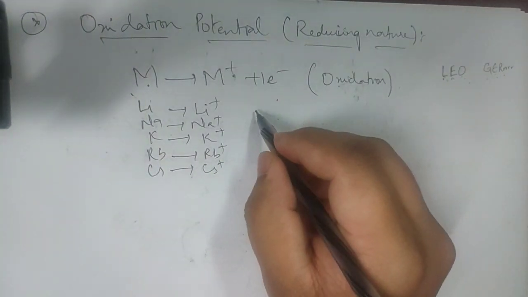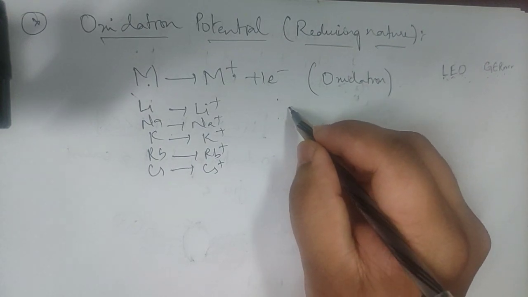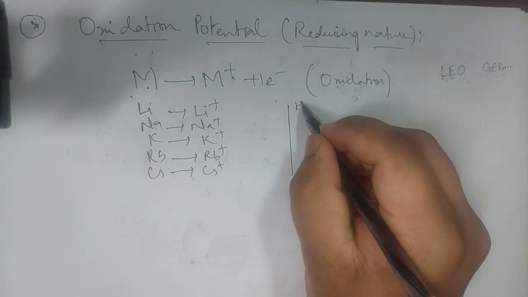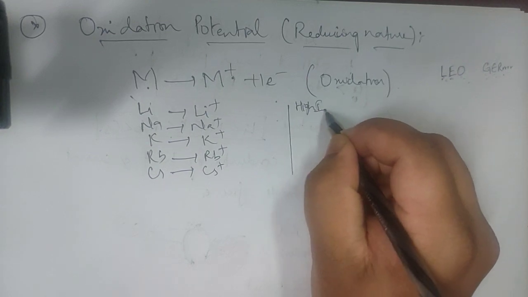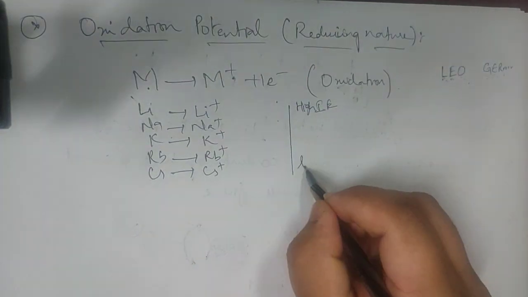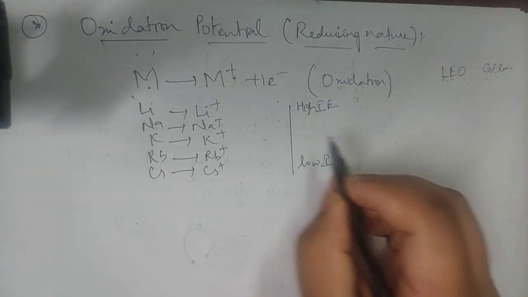If you talk about their ionization energies, as we have just discussed, lithium has high ionization energy and cesium has low ionization energy, right?